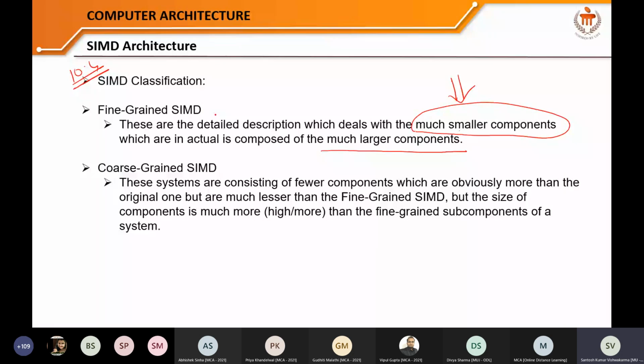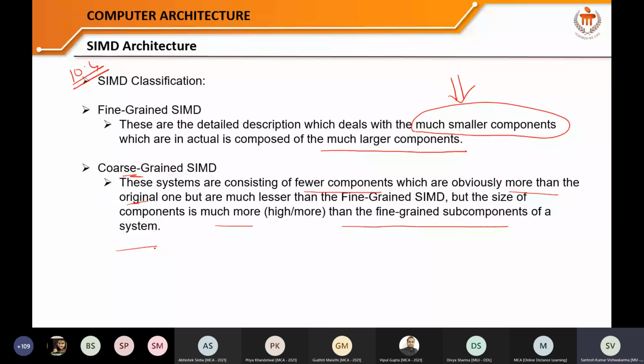And in coarse-grained, these systems consist of fewer components, which are obviously more than the original but much lesser than this if compared. That's why the name given is coarse grain, which is going to be very fatty. The size of components is much more than the fine-grained subcomponents of a system.